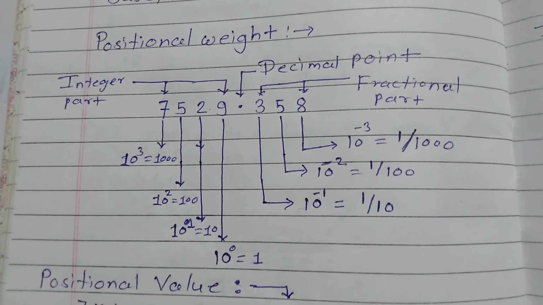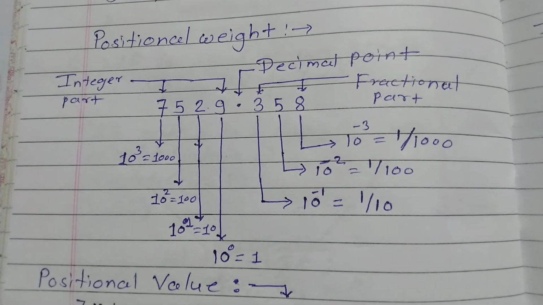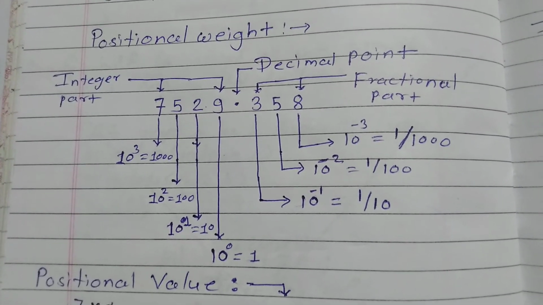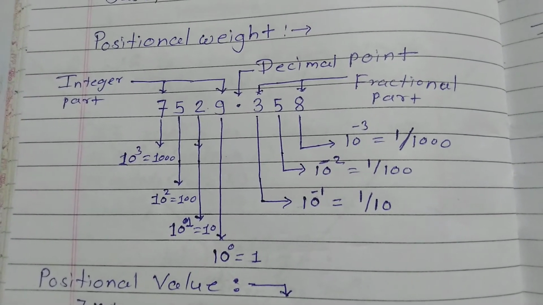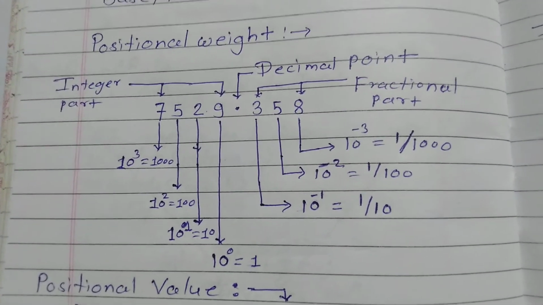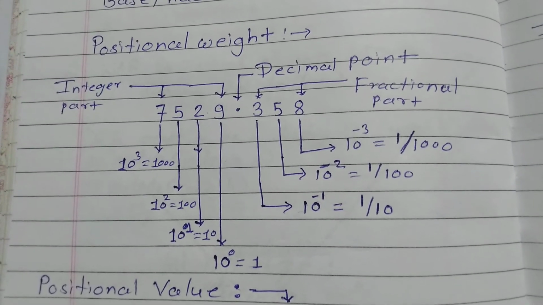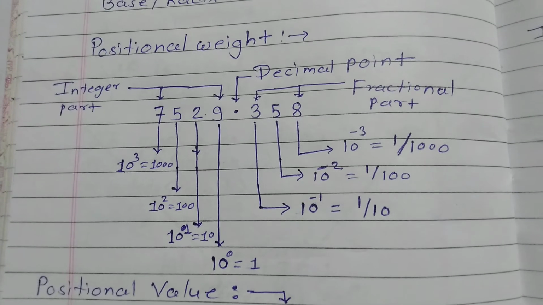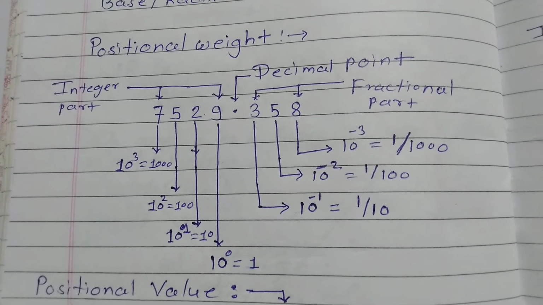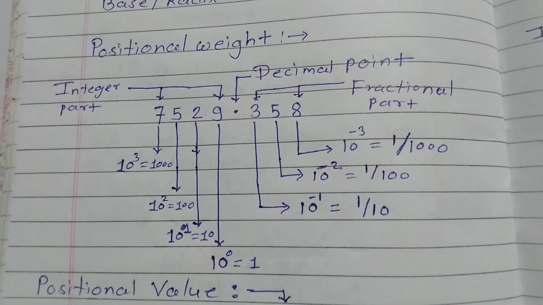As you can see, for the integer part, the positional weight for 9 is 10 raised to 0, that is equal to 1. So the positional weight of number 9 is 1. Now for 2, the positional weight is 10 raised to 1, that is 10.